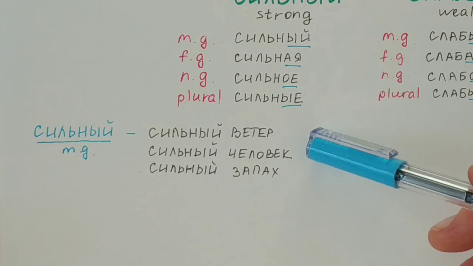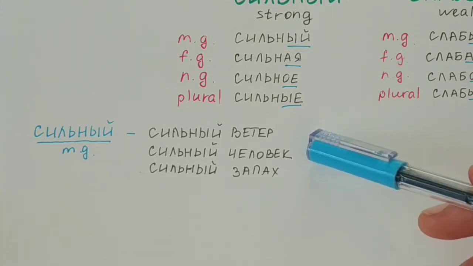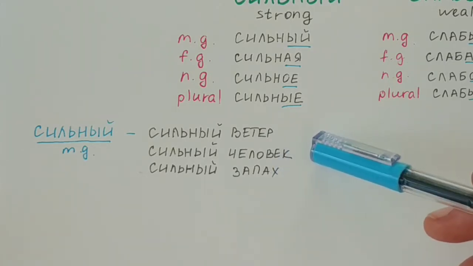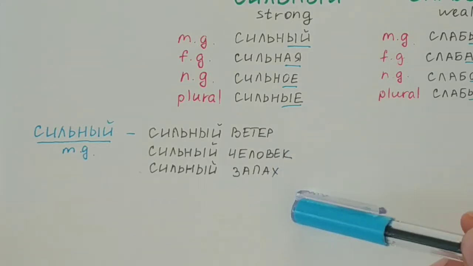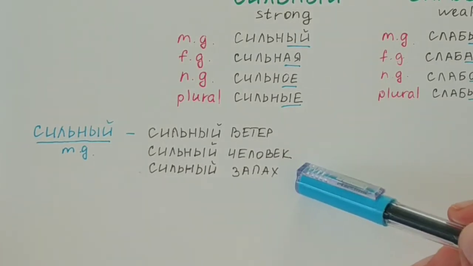Сильный человек. Человек means man, and this whole phrase is translated as strong man. Both are of the masculine gender. And the third example is сильный запах.